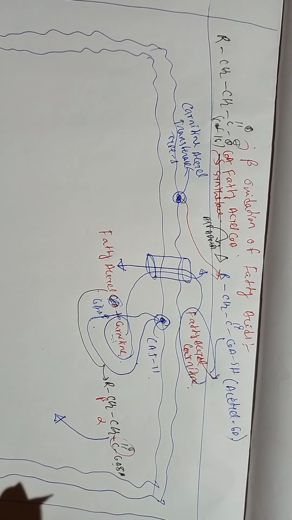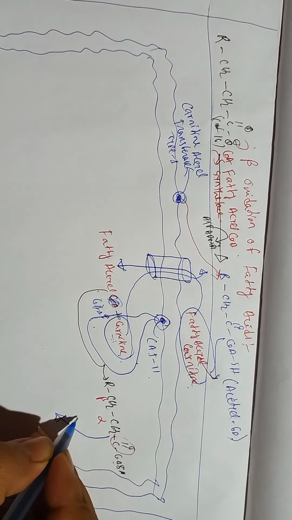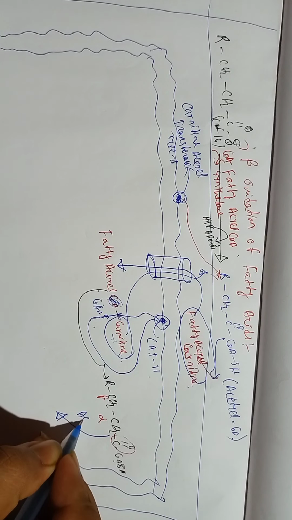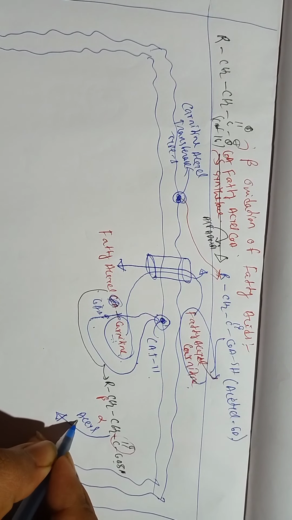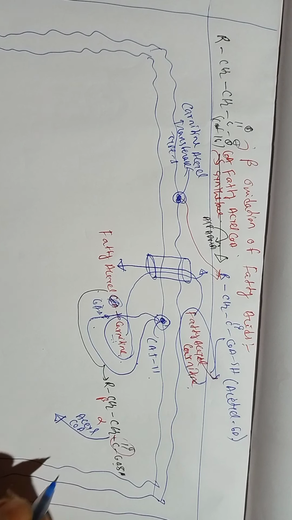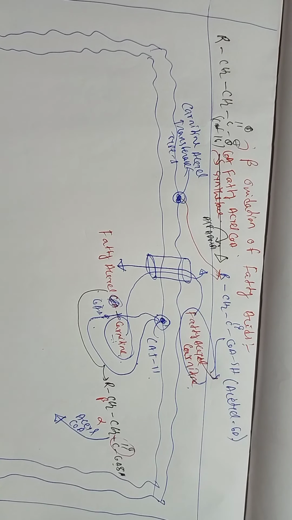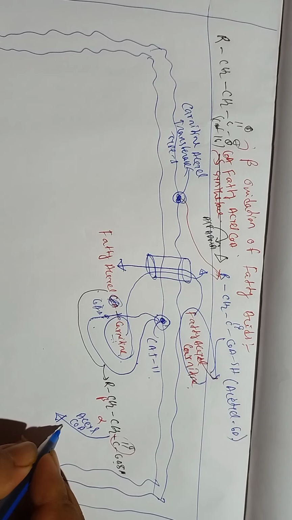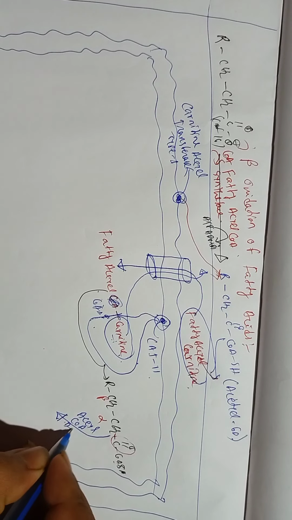Now there is an enzyme, the name of the enzyme is acyl CoA dehydrogenase. Guys, whenever I say dehydrogenase, that means hydrogen is going out, hydrogen is being removed. We are removing the hydrogen from the compound.